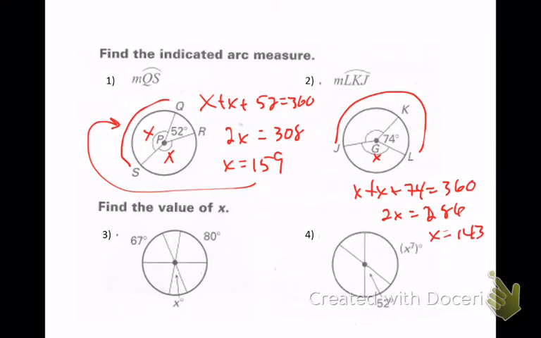Which means that this angle here is 143, which means that this arc is 143 and this one is 74. So if you add the two together, you will get LKJ, which is 217. Okay? All right, try 3 and 4. Stop the video, and then start it back up again when you're ready.